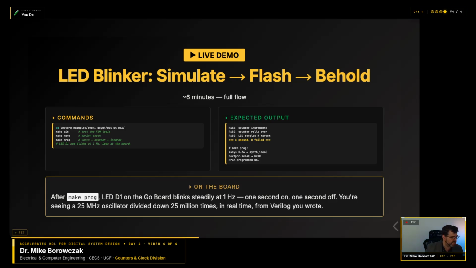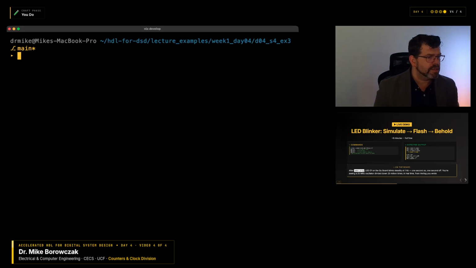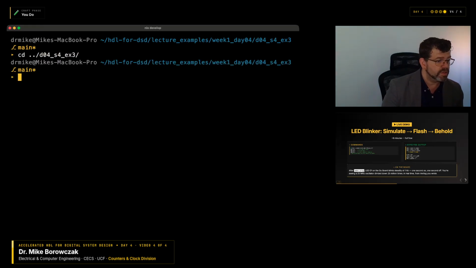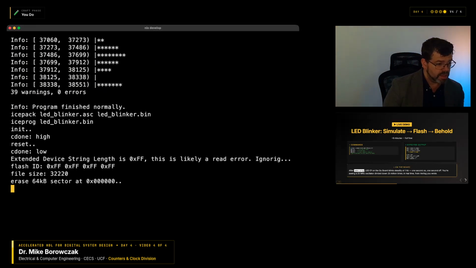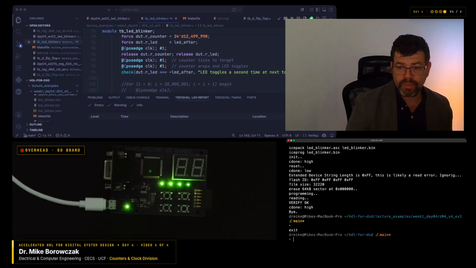Let's open up our terminal and let's get to the right location. All right, and we're gonna make program here, and let's switch so that you can see the device view.